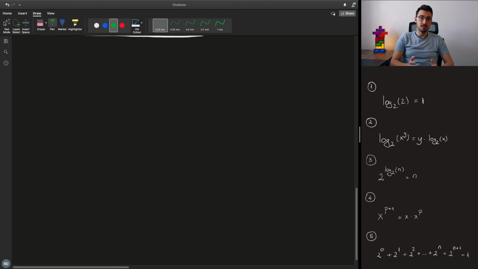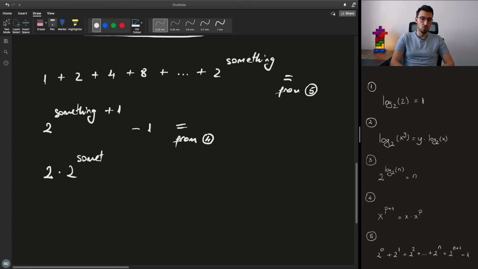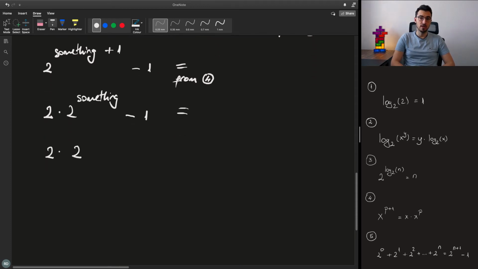The value of this sum can be calculated based on property 5 that we've defined at the beginning of the video as 2 to the something plus 1 minus 1. We then use property 4 to reduce this equation to 2 times 2 to the something minus 1. And since something is log of n, we can substitute it and obtain 2 times 2 to the power of log n minus 1.